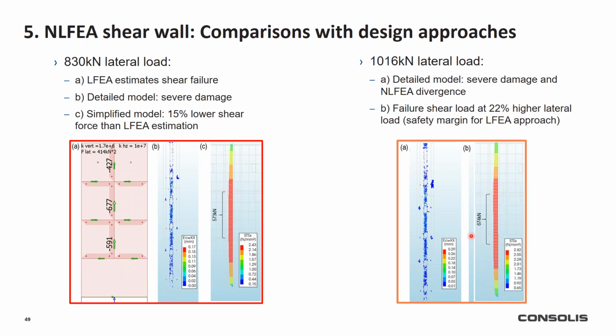We reach the peak shear load. This shear load is calculated by summing the interface stresses, and we can conclude here that we have an okay safety margin for the linear elastic design approach.